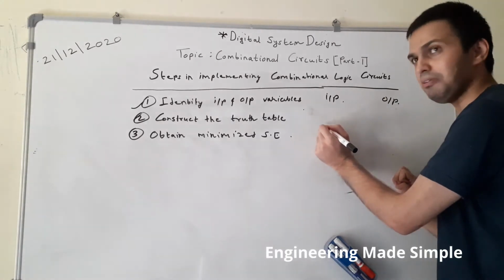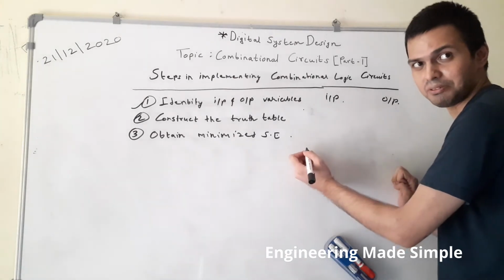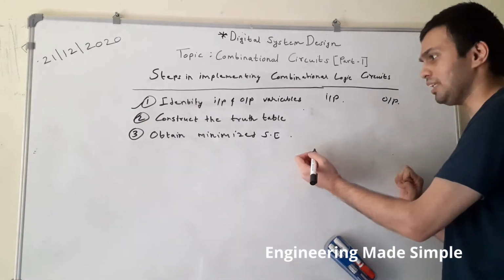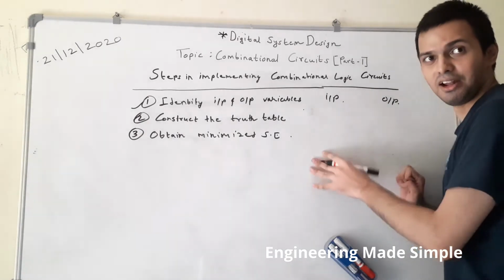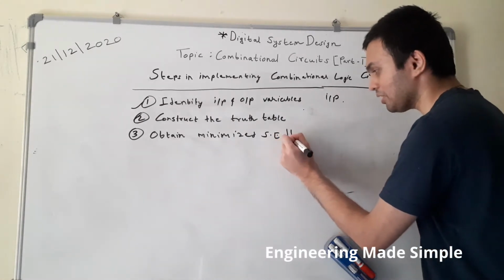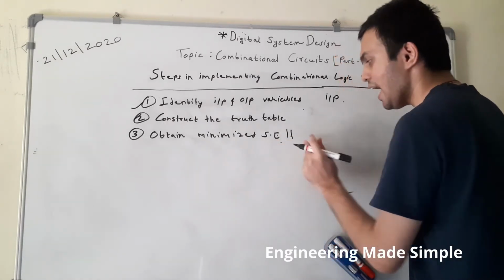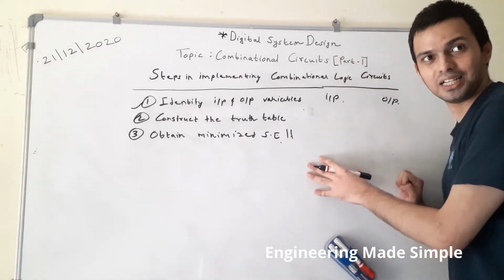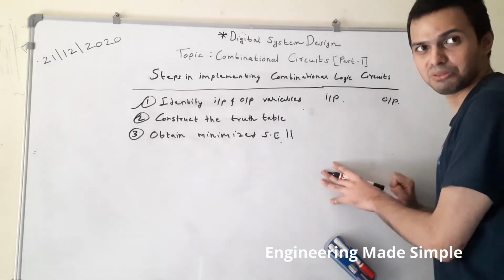And from the truth table we can find the minimized system equation, and we need the system equation in order to implement our circuit. Theoretically, we will be able to derive system equations from the truth table by using a K-map, which gives the minimized system equation. And if you are doing it for your practical exam, then also the same procedure needs to be followed.